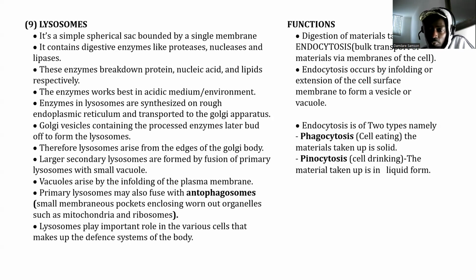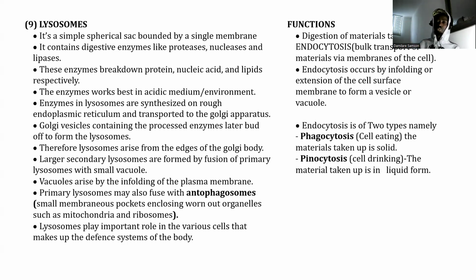Endocytosis is of two types. Phagocytosis is cell eating: the material taken up is solid. Pinocytosis is cell drinking: the material taken in is in liquid form.